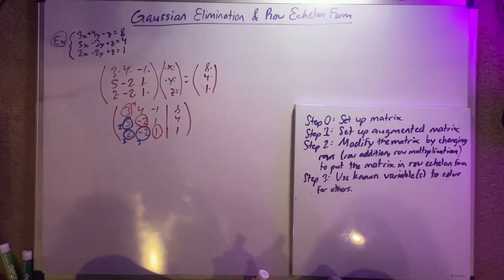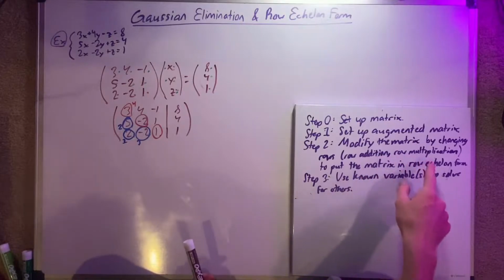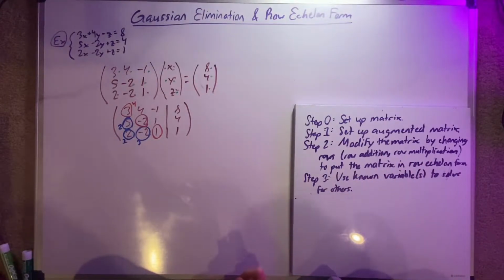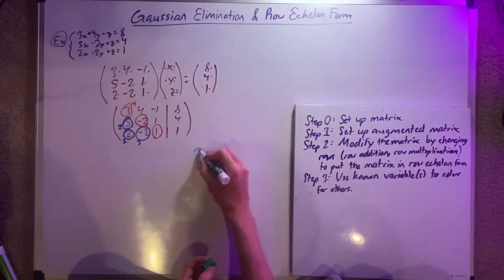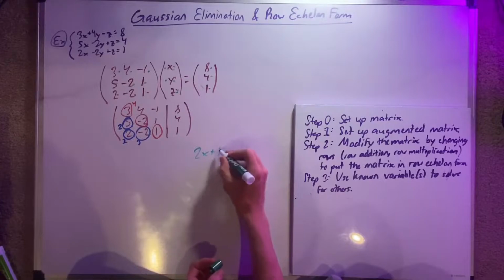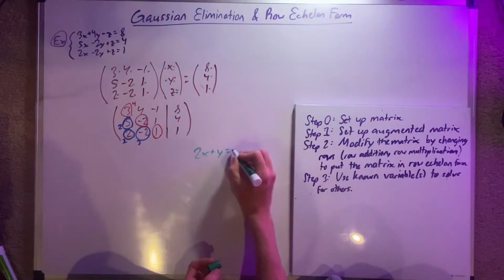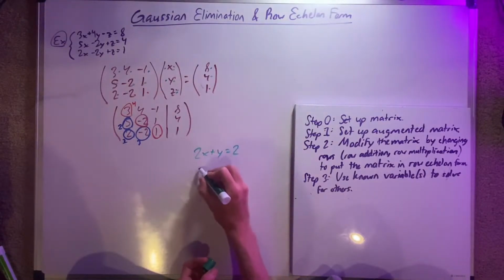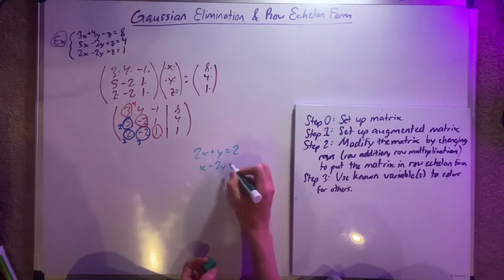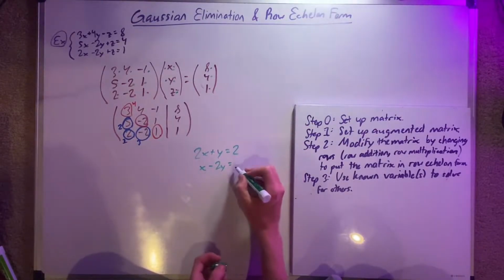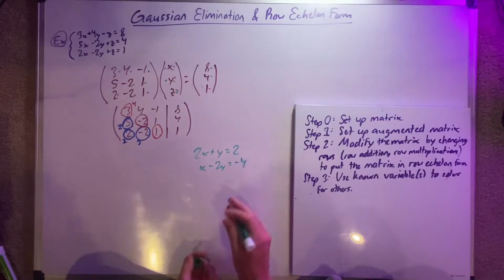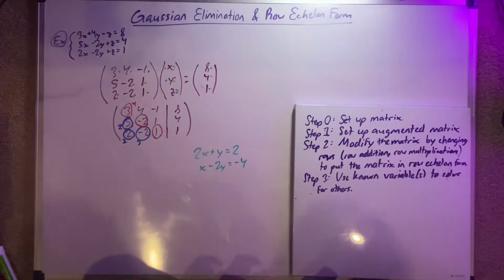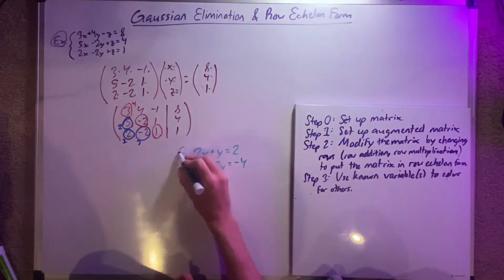So how exactly would we go about doing that? Row addition and multiplication. We're going to do a very similar thing to what you would do with systems of equations when you only have two of them. Let's say we have a theoretical 2x plus y is equal to 2, and x minus 2y is equal to, I don't know, -4. You go about trying to solve this via elimination.